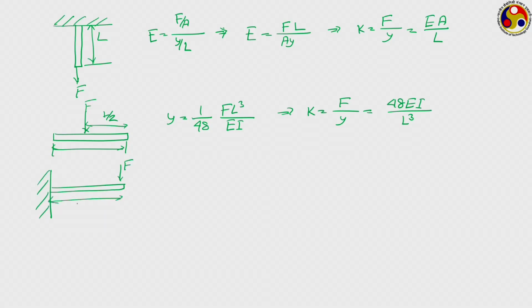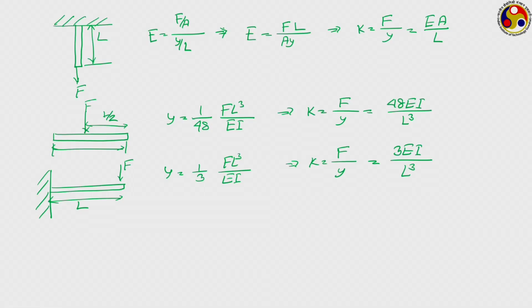This total length is L. In this case your Y will become 1 by 3 FL cube by E I, or K is equal to F by Y, that is 3 E I by L cube.